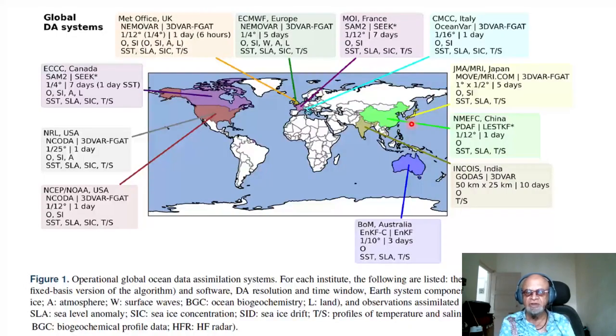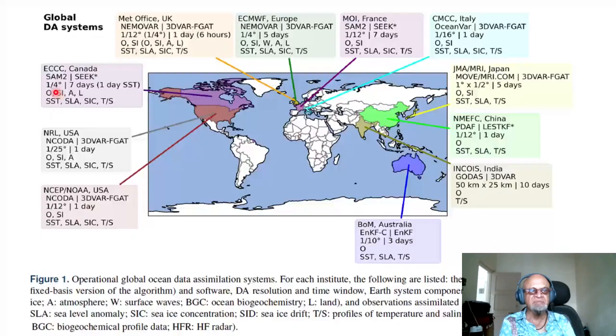They also have to worry about earthquakes, tsunamis and so on. And of course a lot more centers are now also doing biogeochemistry and not just physics. So there are various details given here in terms of the spatial and temporal resolution.